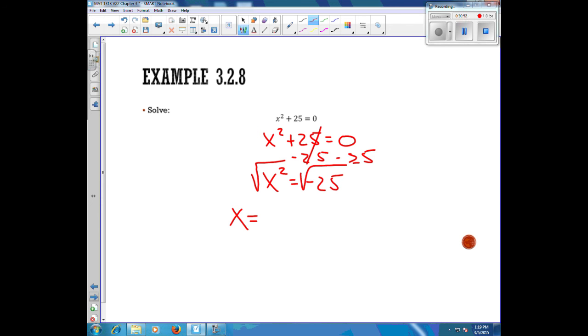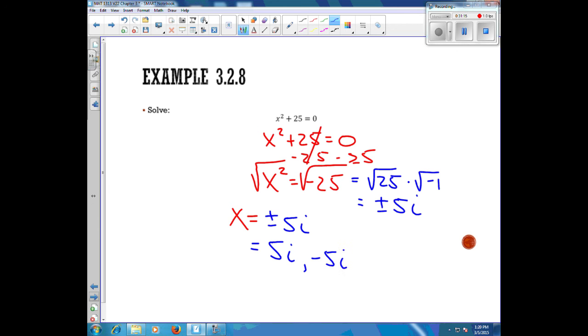The square root of negative 25 is the same thing as the square root of 25 times the square root of negative 1. And so when we take the square root, we get plus or minus 5 times i. Or if you want to put it in the computer, 5i, comma, negative 5i.